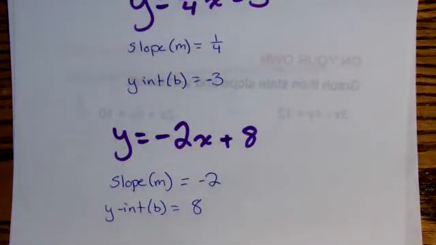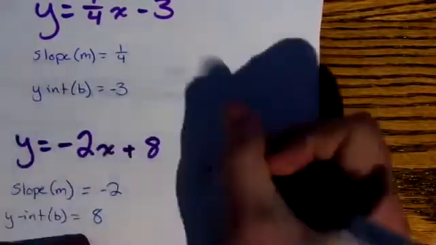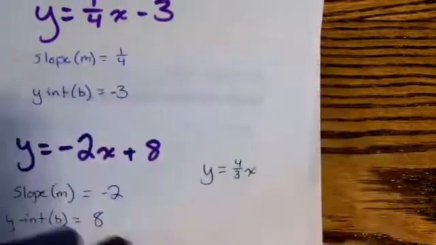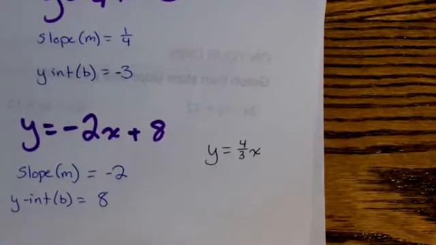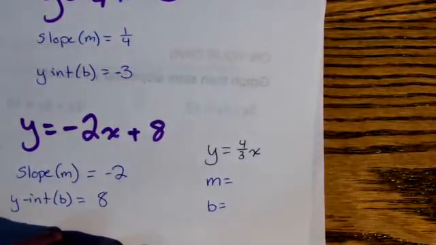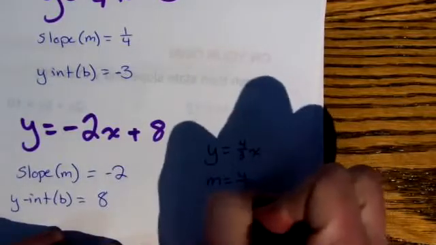I'm going to throw a little tricky one at you right here. What if I did this? Y equals 4/3 x. And we needed to find our slope, or our m, and our y-intercept, or our b. Well, remember, slope is attached to the x, so our slope would be 4/3.